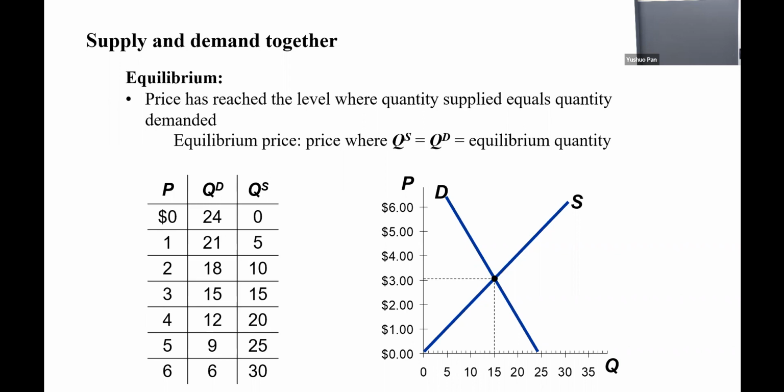So with a downward straight line and an upward straight line, you can always find an intersection. Right? So you can find in this example, when price equals 3, you can find the equal quantities. So in this example, the equilibrium price is 3, and the equilibrium quantity is 50.